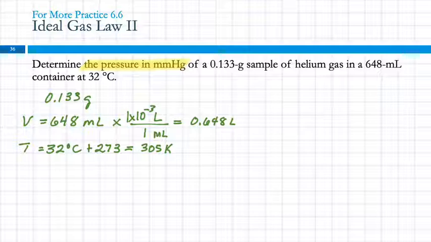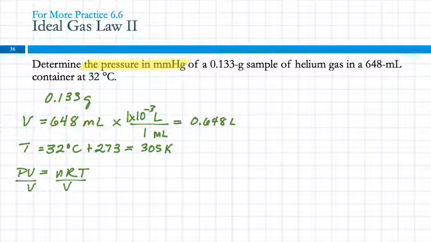Well, I've got volume and temperature, and I want pressure. So I'm thinking, well, ideal gas law, right? If I want the pressure, I'm going to divide both sides by volume. And the volumes cancel out over here.